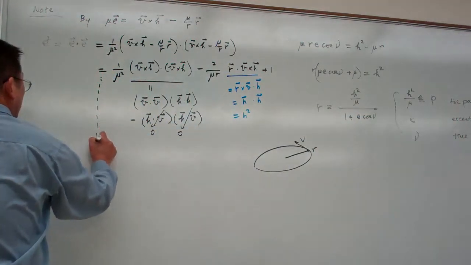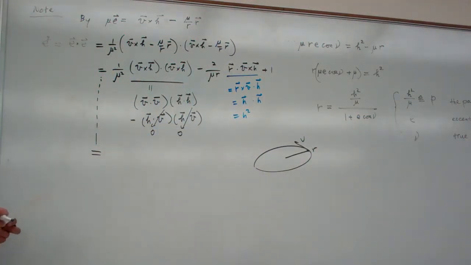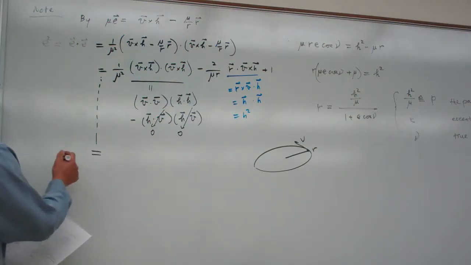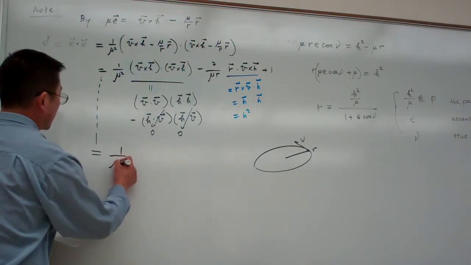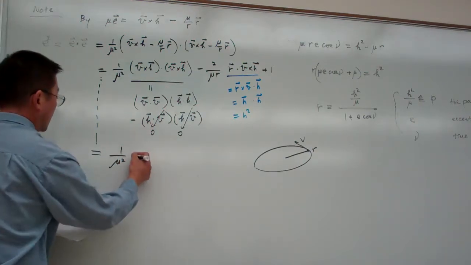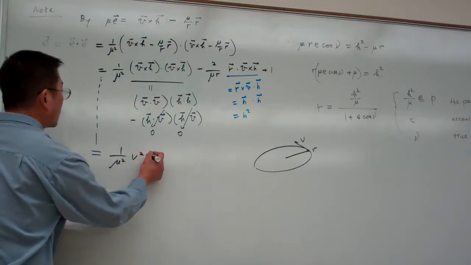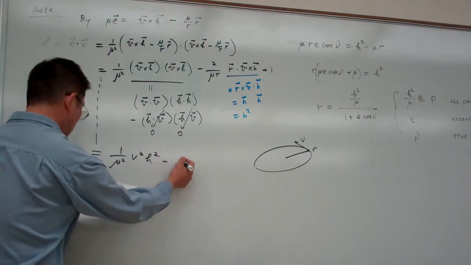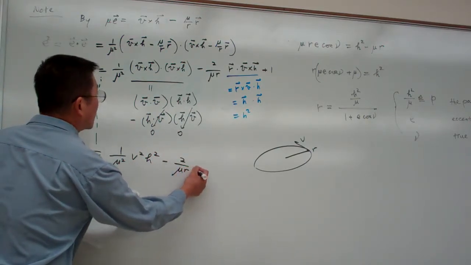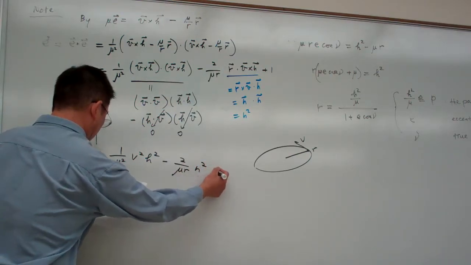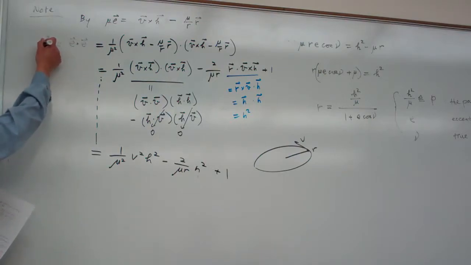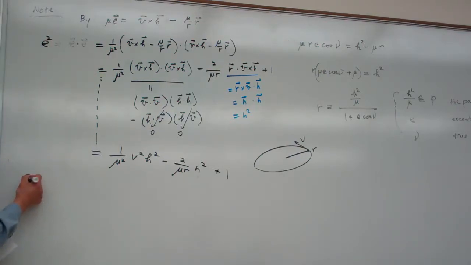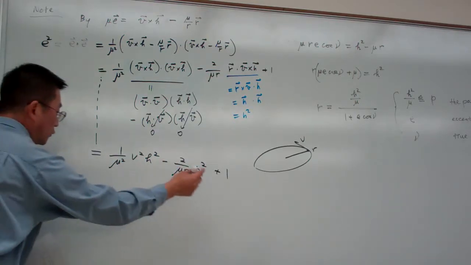For this equation, that is equal to 1 plus mu squared V squared H squared minus mu R and H squared. We rearrange the whole thing so the left-hand side equals E squared. Therefore, E squared minus 1 equals those things.